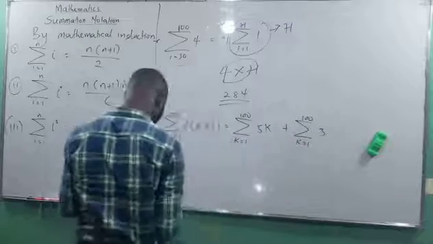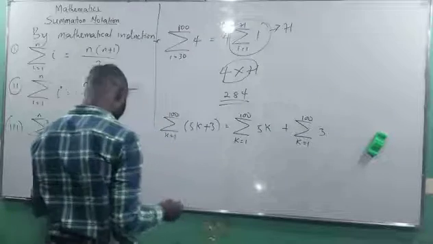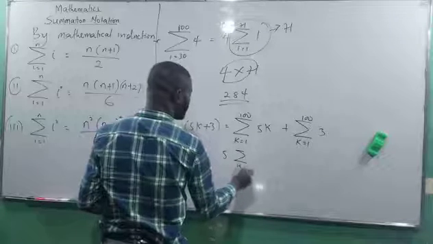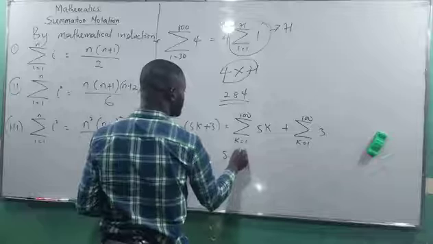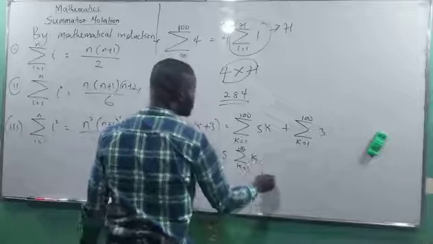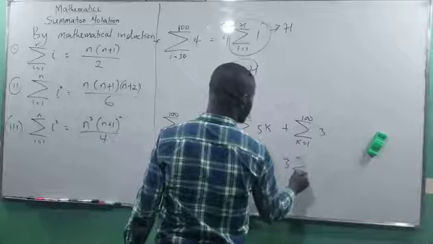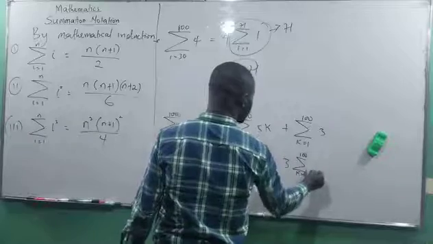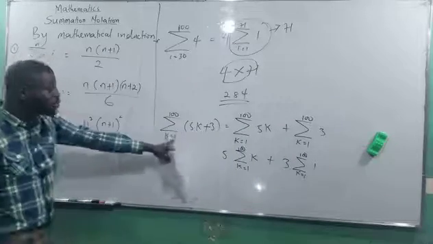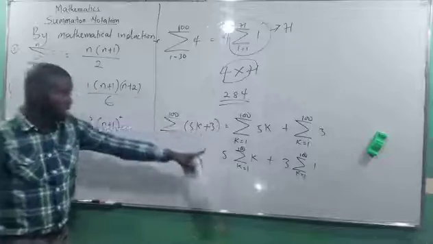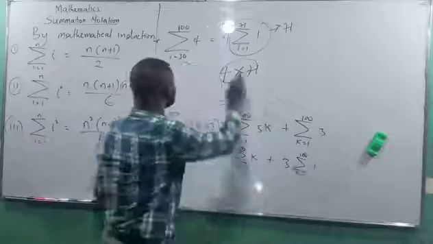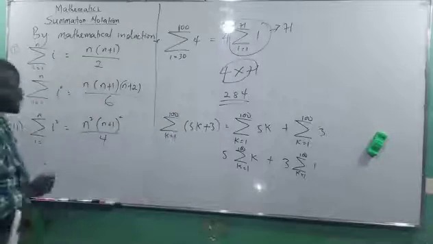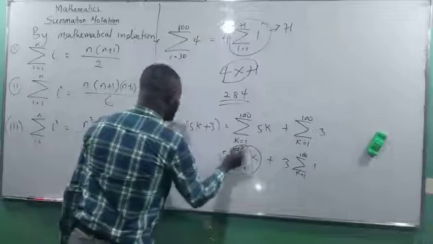Now at this junction, what I need to do is to have 5 times the sum of k from 1 to 100 of k, plus the sum of 3 from k equals 1 to 100. Now look at this. I don't need to do any shifting because it's running from 1 to 100. This one was running from 30 to 100. That is why I need to do some drop down.